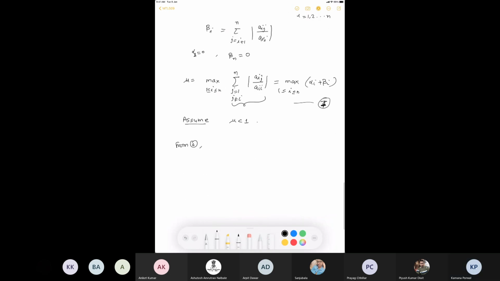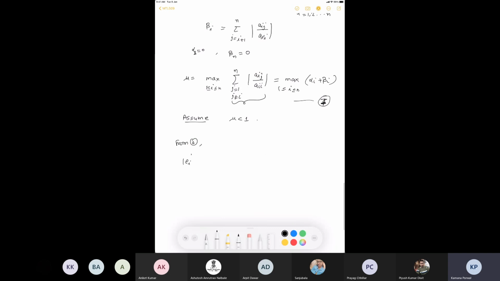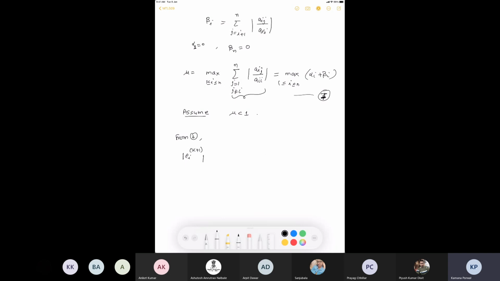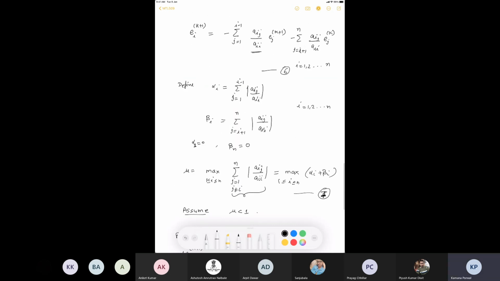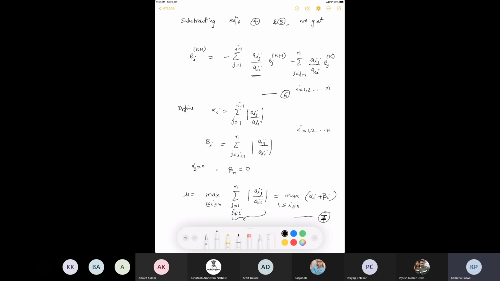So we're going to have that the absolute value of the ith component of the k plus 1th iterate is less than or equal to the following. Note that when I take the absolute value, I can use the notations alpha i and beta i. So what will I get from here? Let's write it down.